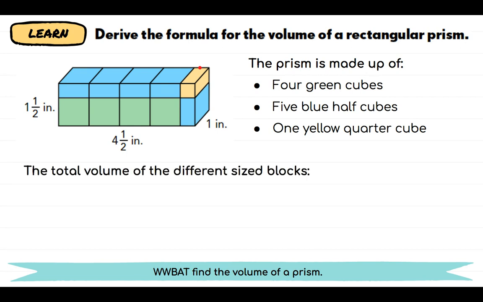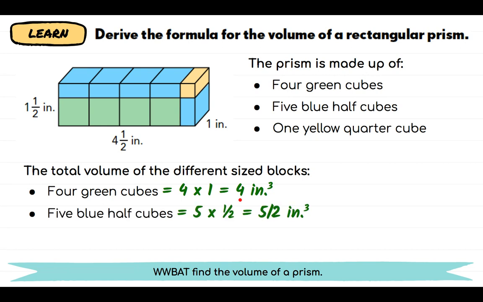So the total volume of these different size blocks, we can add them up. First of all, we have 4 green cubes, and each green cube is 1 cubic inch. So there are 4 cubic inches in total. Then we have 5 blue half cubes, which is the same as 5 times 1/2 cube.